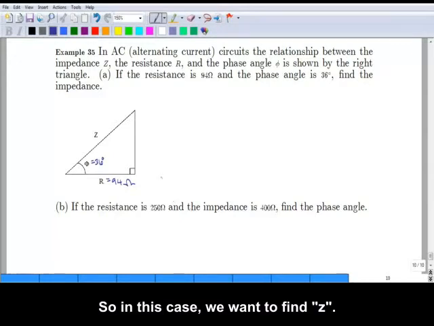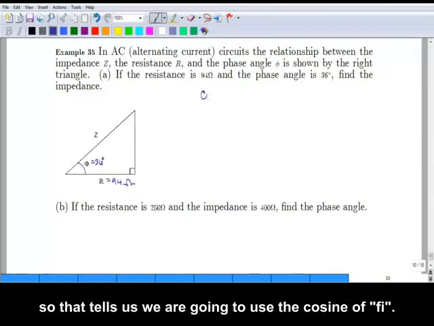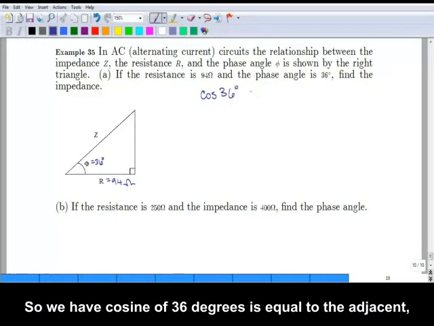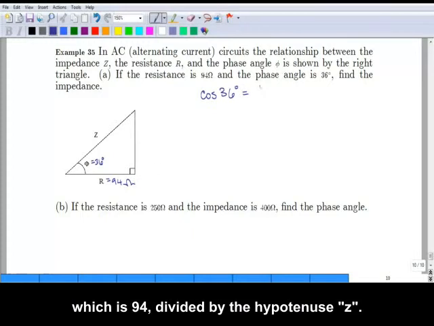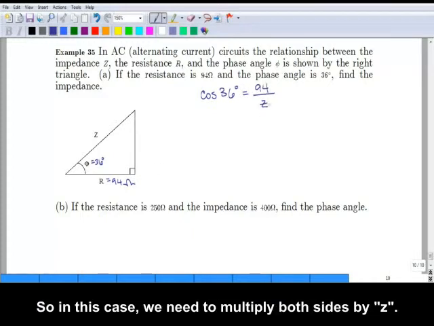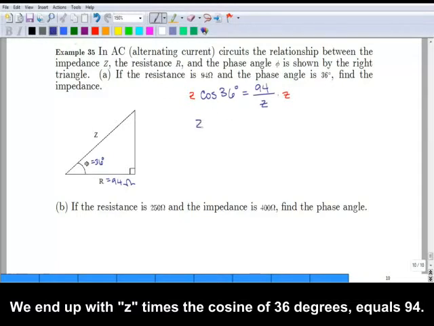So in this case, we want to find Z. We are given the adjacent side. We want to find the hypotenuse, so that tells us we are going to use the cosine of phi. So we have cosine of 36 degrees is equal to the adjacent, which is 94, divided by the hypotenuse Z. So in this case, we need to multiply both sides by Z. We end up with Z times the cosine of 36 degrees equals 94.